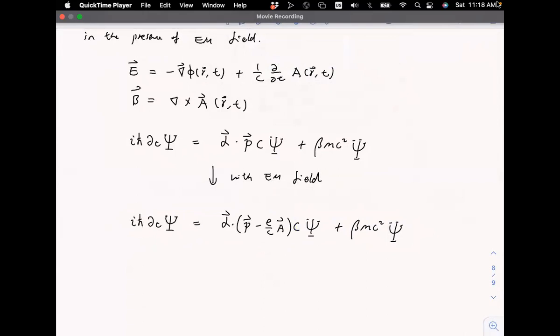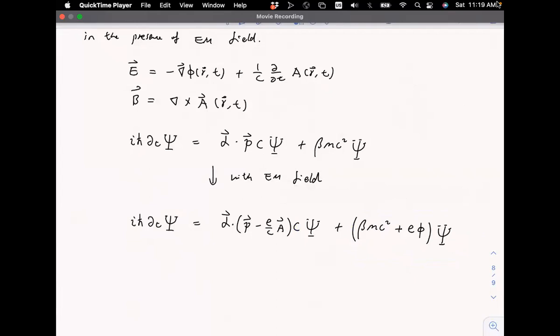And then here you add the potential. You have a charge here, so like this. Okay, so this is the potential.